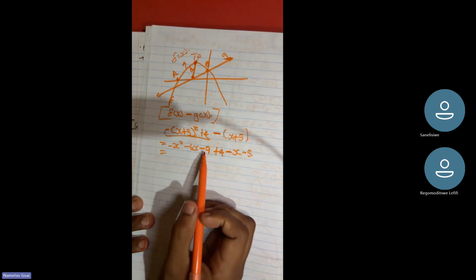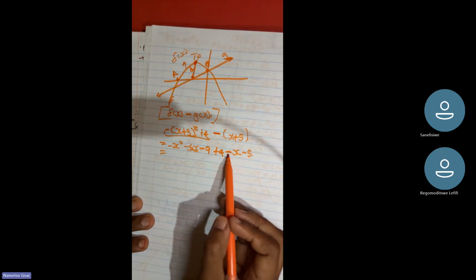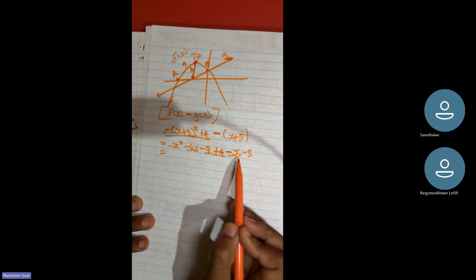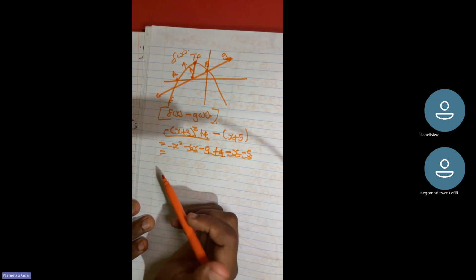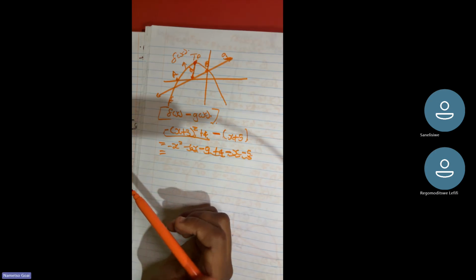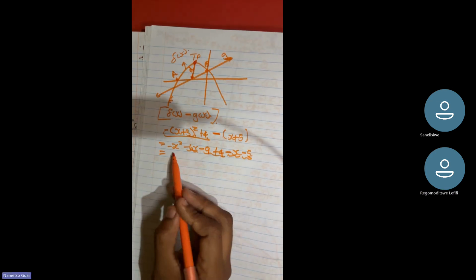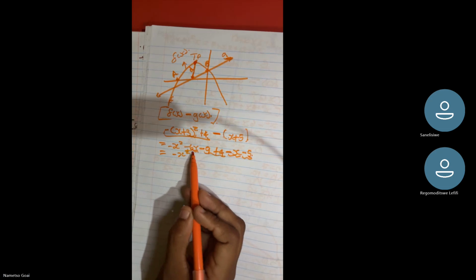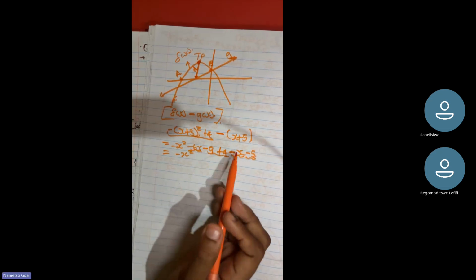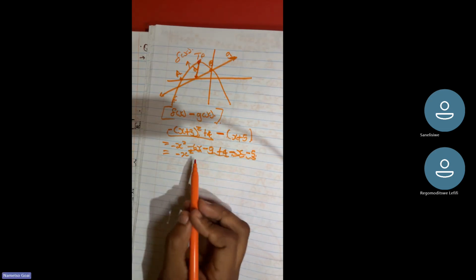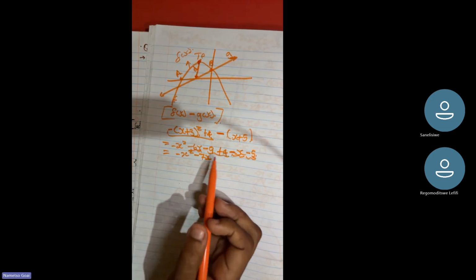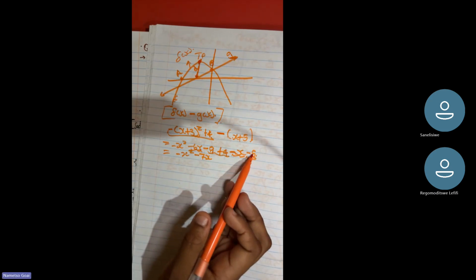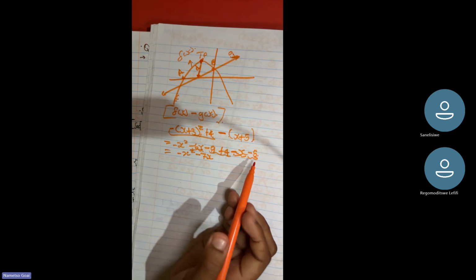So let's make this look neater, group our like terms. We're going to have negative X squared. This and this give you negative 7X, and all these together will be negative 10.